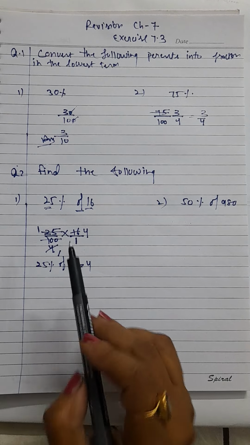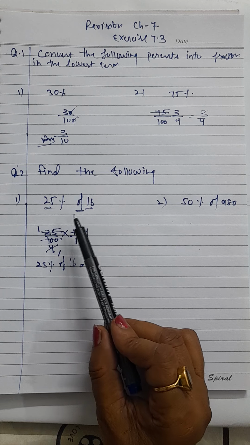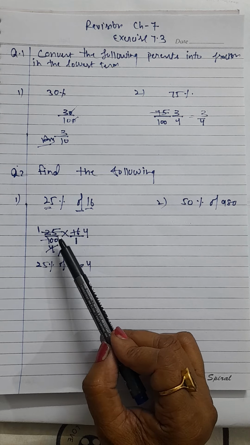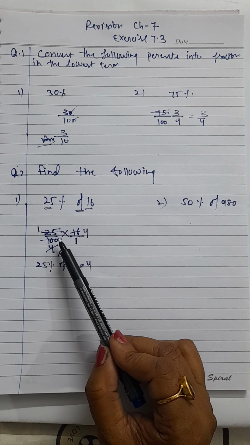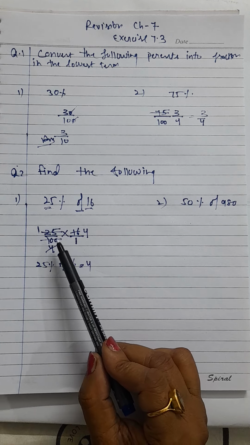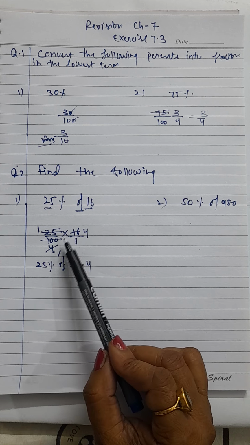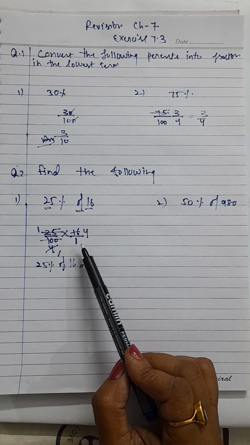I am repeating one more time. Here we have to find 25% of 16. Firstly we remove the sign and write it as a fraction. Whenever we remove the percentage sign, we write the denominator as 100, so we get 25 by 100, and in place of 'of' we use the sign of multiplication, multiplied by 16.